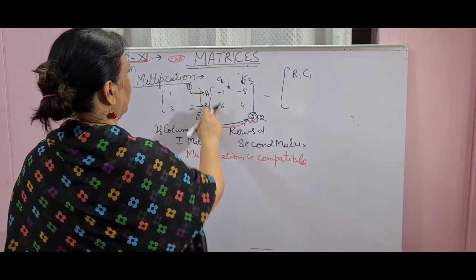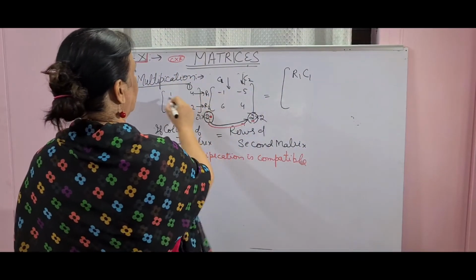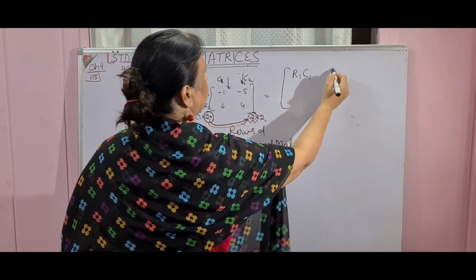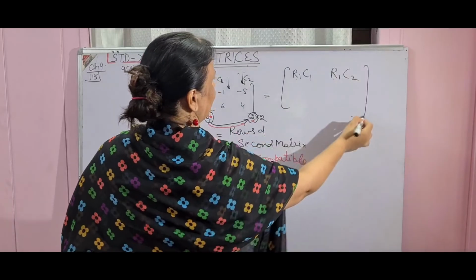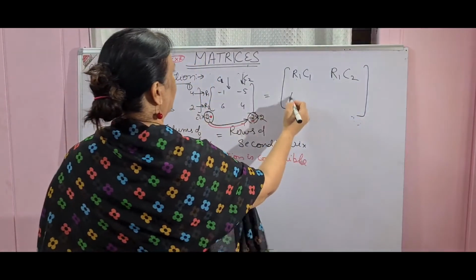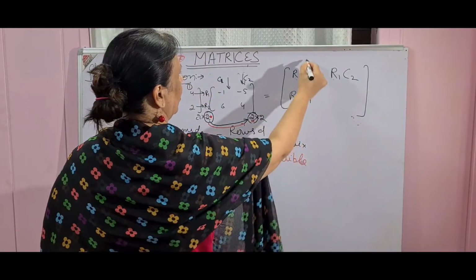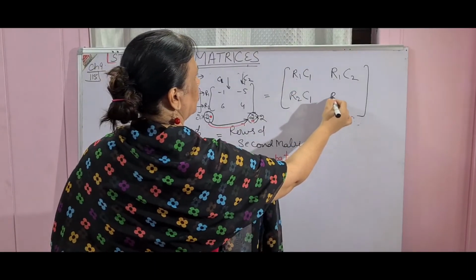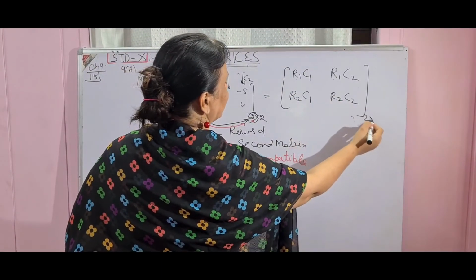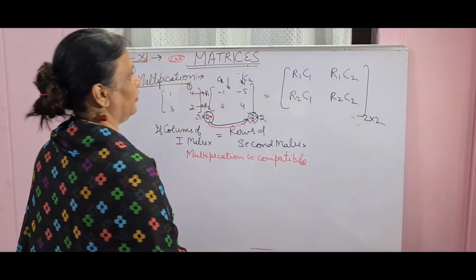Row 1, column 2. You see your row 1 entries are coming in one horizontal line. Again, row 2, column 1. Now column 1 is also coming in the same vertical line. Row 2, column 2. Everything is arranged so nicely. This is the formula of doing it.